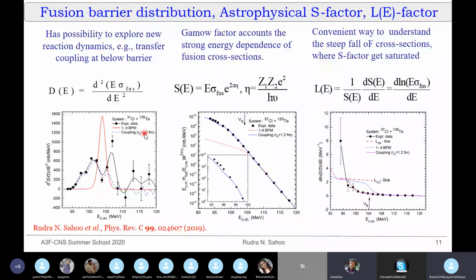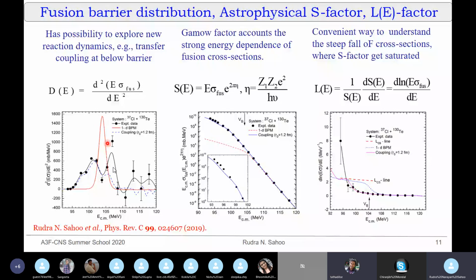I'm not talking about the one-dimensional barrier penetration, because that is just for reference. Actually, from the one-dimensional barrier penetration model you have to tune the parameters, because then you go to the coupled channel calculation. That's why I first tuned, and you can see the barrier is here, 104 or something like that.